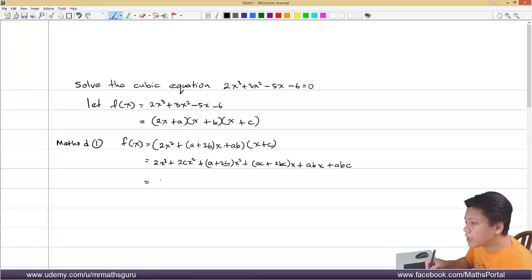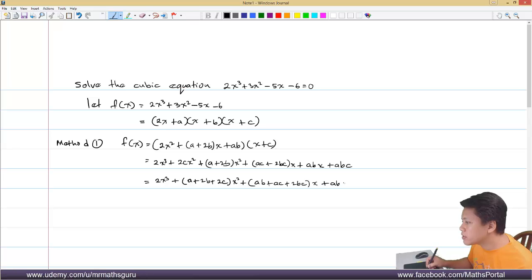Let's consolidate all the like terms: 2x cubed plus (a plus 2b plus 2c)x squared plus (ab plus ac plus 2bc)x plus abc.